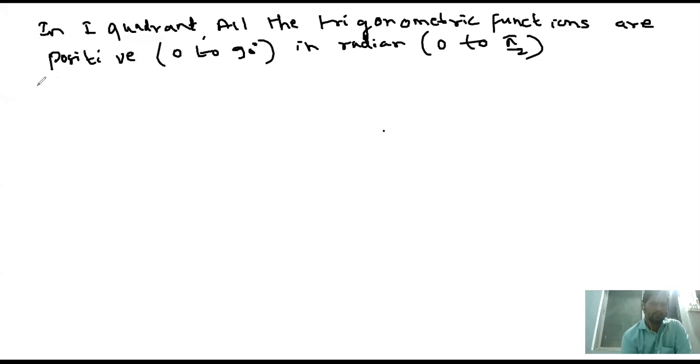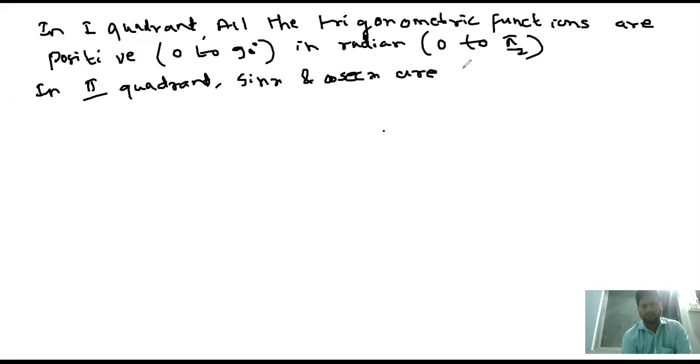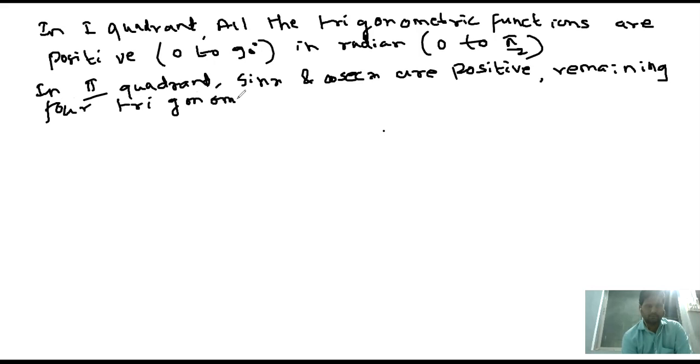So in the second quadrant, the sin x and cosec x are positive, and the remaining four trigonometric functions are negative.